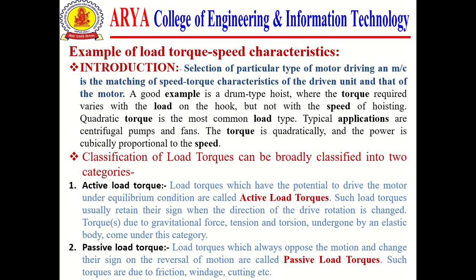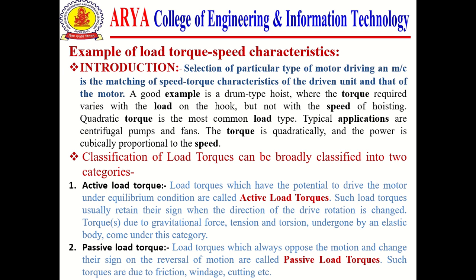Load torques can be broadly classified into two categories. First is active load torque and second is passive load torque. What is the meaning of active load torque? Load torques which have the potential to drive the motor under equilibrium conditions are called active load torques.